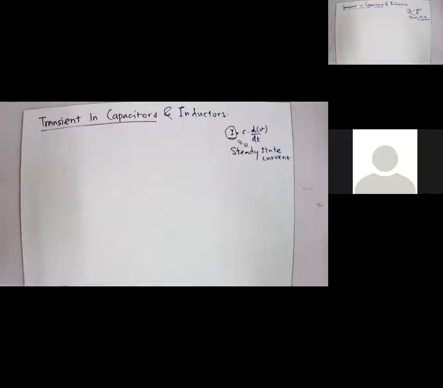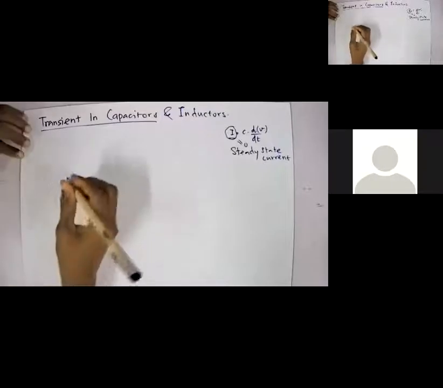We'll see how a capacitor behaves when it is connected to a voltage or a current across it. So now consider a circuit.